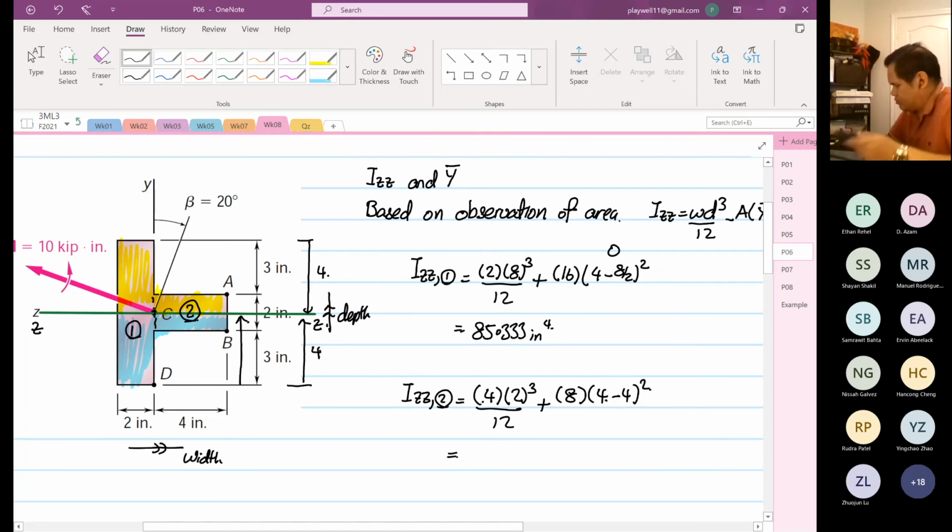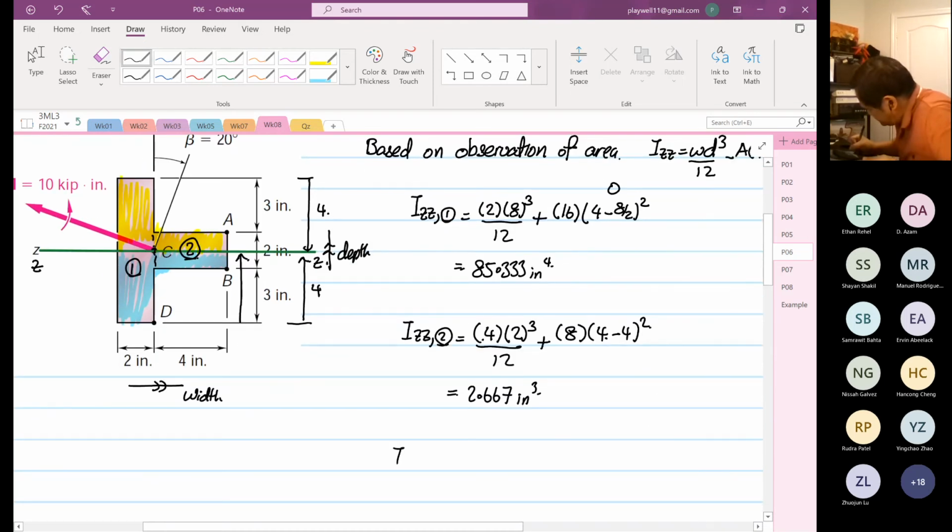So this is equal to 4 times 2 power 3 divided by 12, which is equal to 2.667. So therefore IZZ is equal to 85.333 plus 2.667, which is equal to 88.